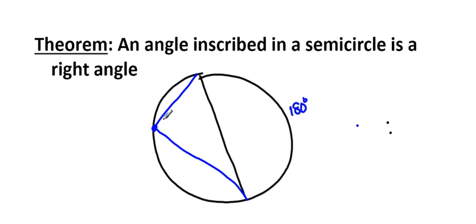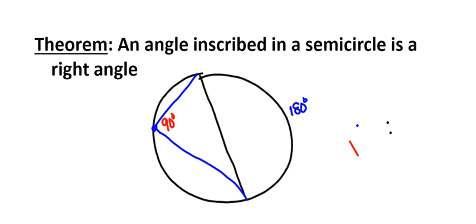Because this is an inscribed angle, its degree measure is going to have to be half that of the arc it intercepts, or half that of the 180 degrees, making its degree measure equal to 90, and forcing it, therefore, to be a right angle. So again, if you connect everything that you know about inscribed angles and semicircles, it makes sense that that angle would have to be a right angle.